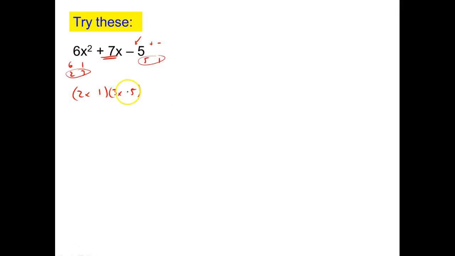So if I have a positive 10 and a negative 3, when I multiply these, my outside gets me 10x, my inside gets me negative 3x. Those two are going to combine for my 7x in the middle. So there we go.